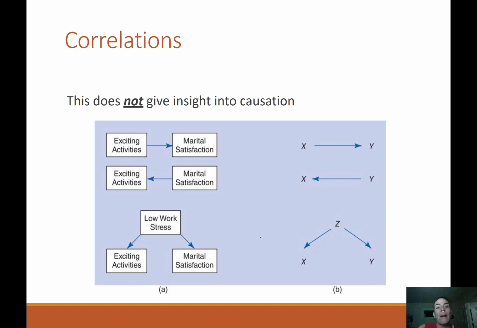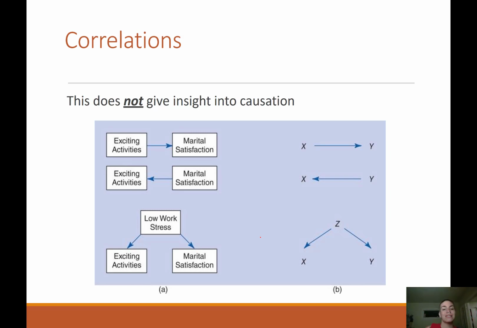Or maybe neither one of these variables is the cause of the other, but there's one single variable that's causing both of the variables we're witnessing to change in the same direction. So there's an invisible variable that we are unaware of in our study that is working in such a way that we are seeing a relation between our variables.